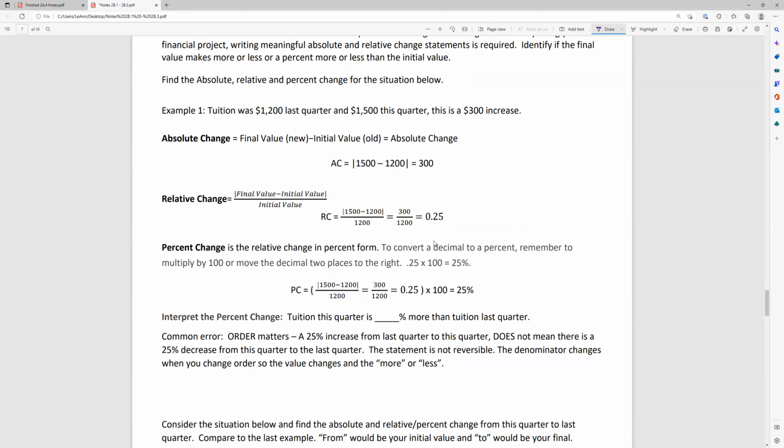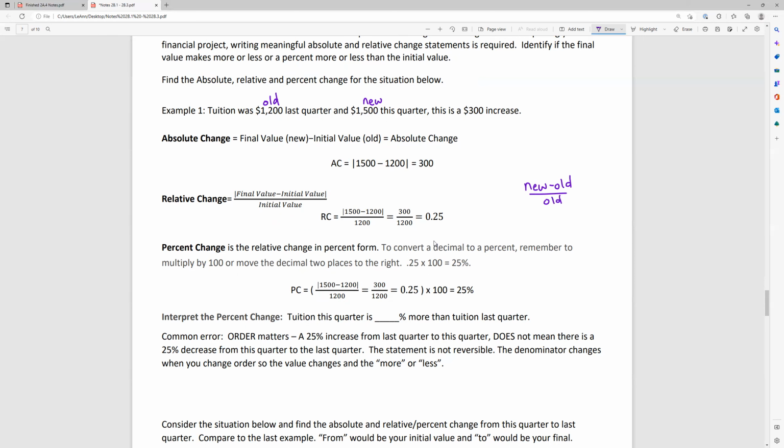Then to do the relative change, we take the answer we got from right here. So 300 divided by the initial value, which was last quarter, the old value. So sometimes that's why I like to write the old and the new. So another way of writing relative change is the new minus the old divided by the old. Okay.